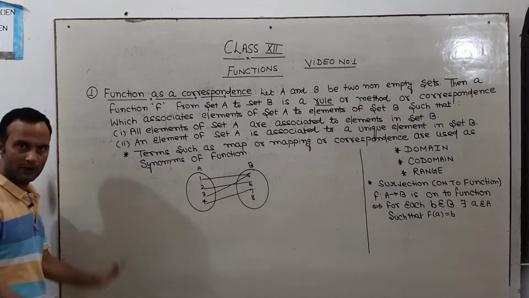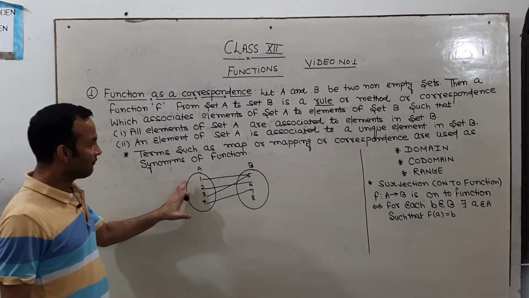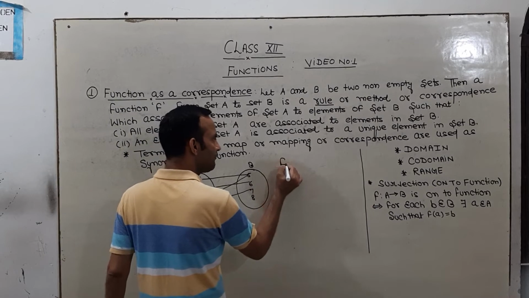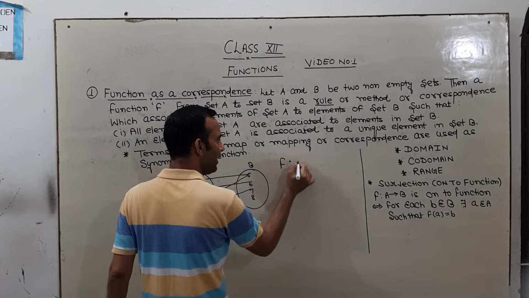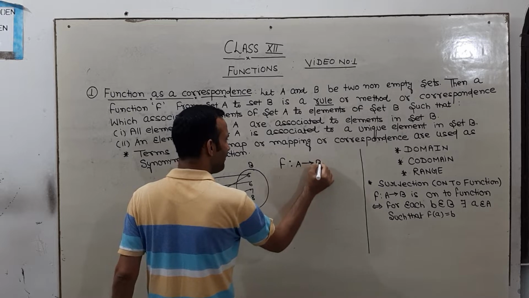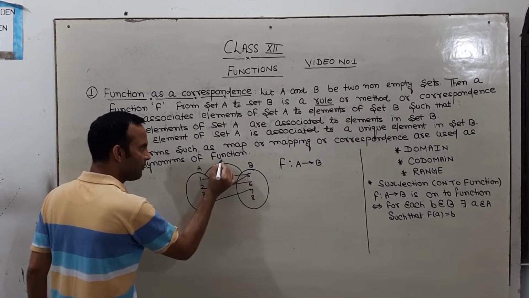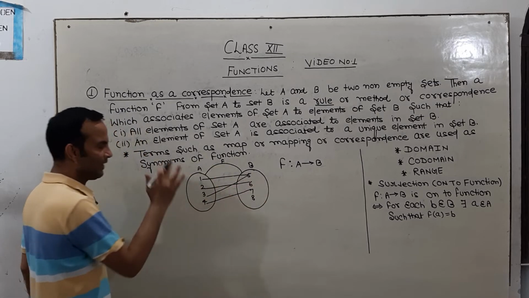Let us suppose that. Now dear students, the first condition of the function is what? Here f is a function from A to B. We have to write in this way.